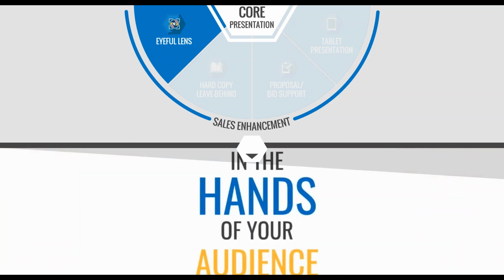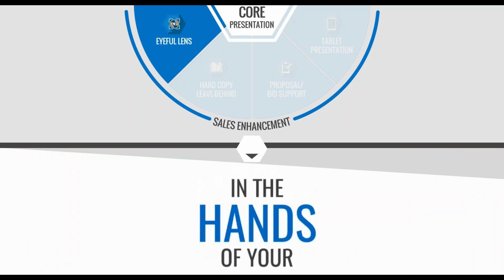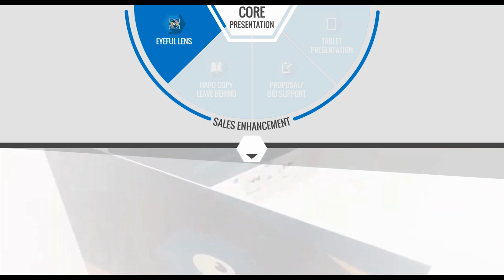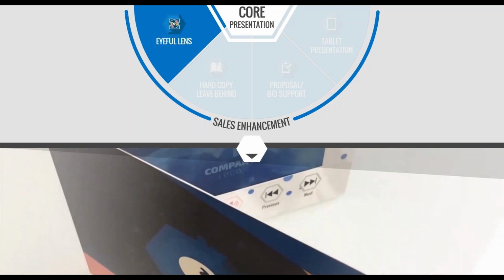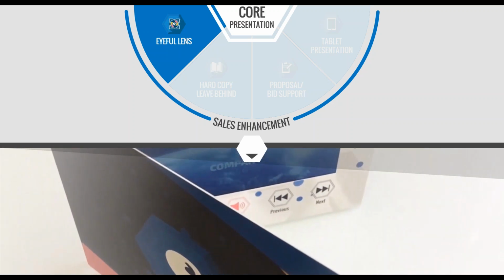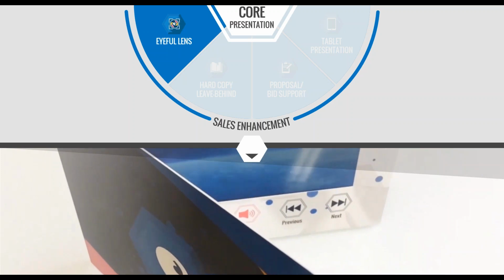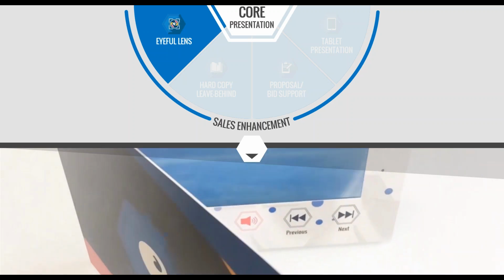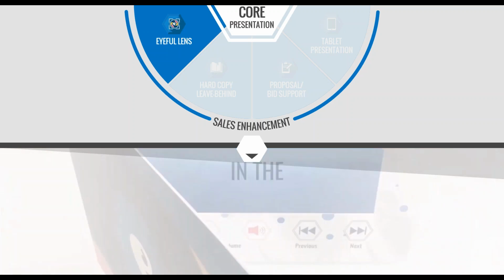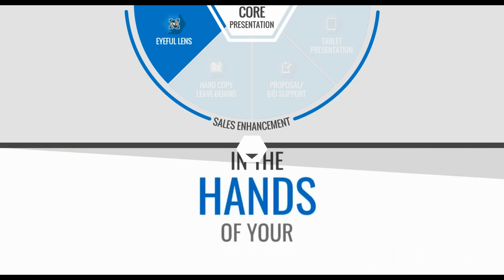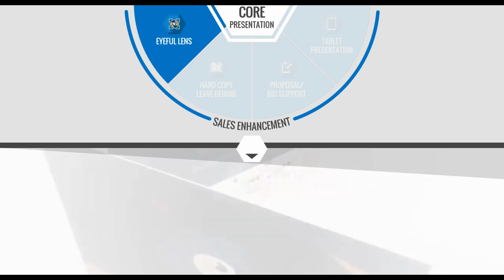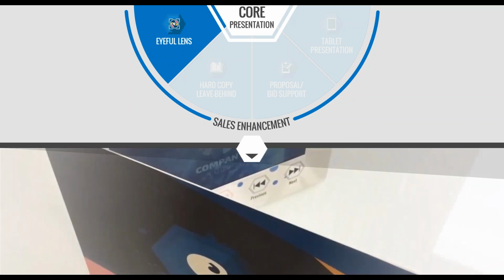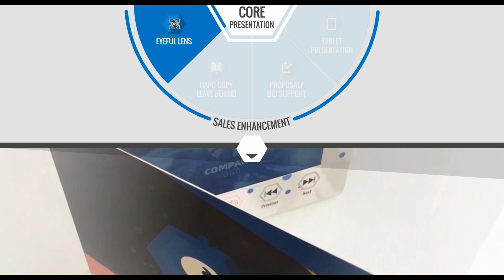Eyeful Lens is a video tool, but the secret of that success is that we're creating HTML5 content that is personalized to an audience of one. Because PowerPoint is so flexible, you could create something in HTML5 that is designed for one individual person really quickly, really effectively, and that gets away from the noise of there being so much content.